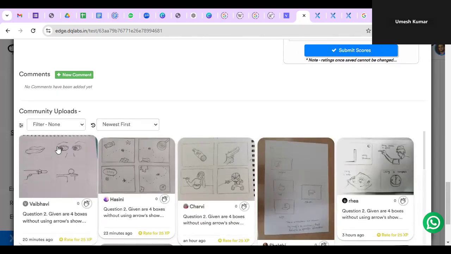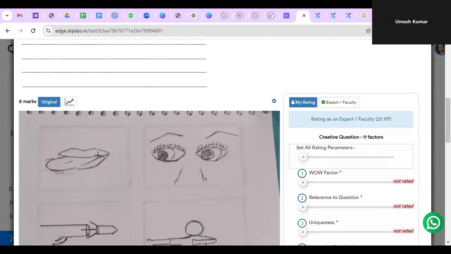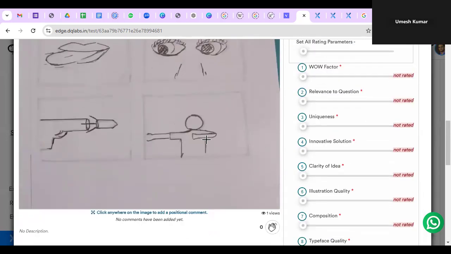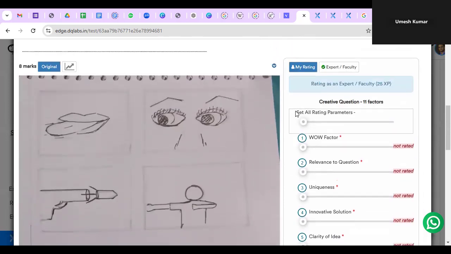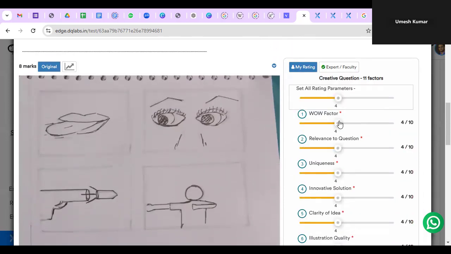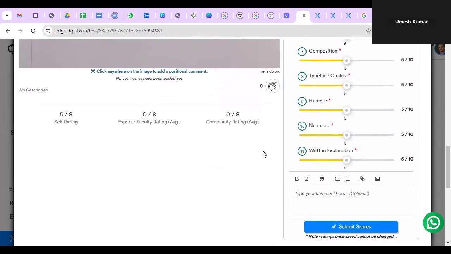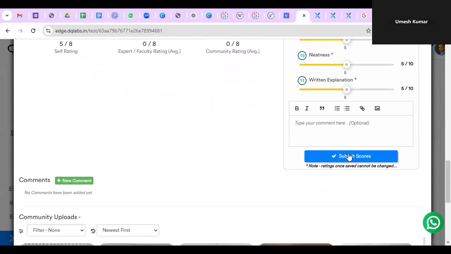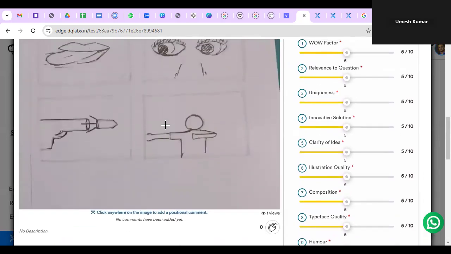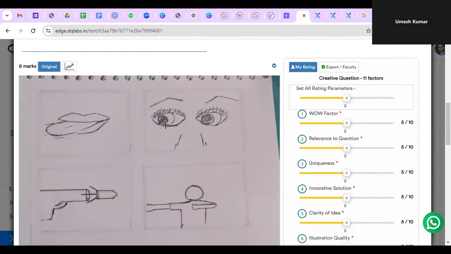Okay, tongue, eyes, bullet. It's fine. But Vaibhavi, could you please start improving your illustration quality? You need tips on how to improve your illustration? Yes, sir. You can do this with a sketch pen without any breaks in the lines.